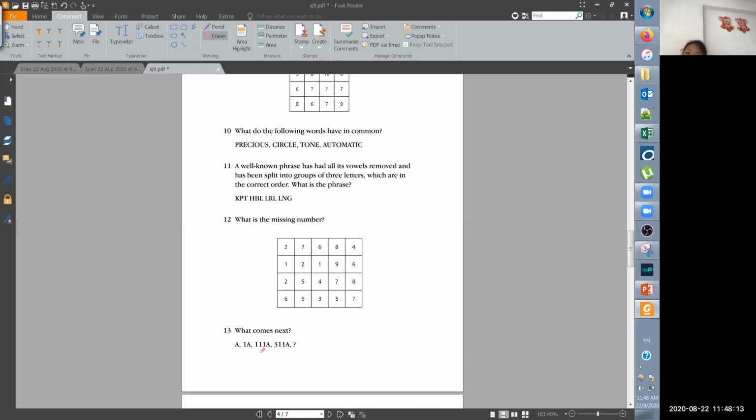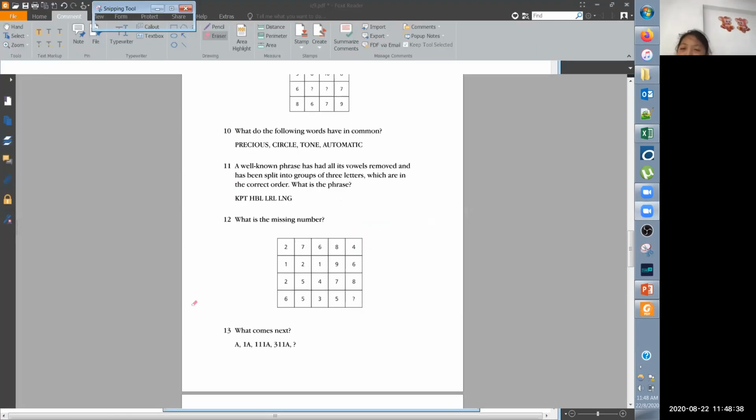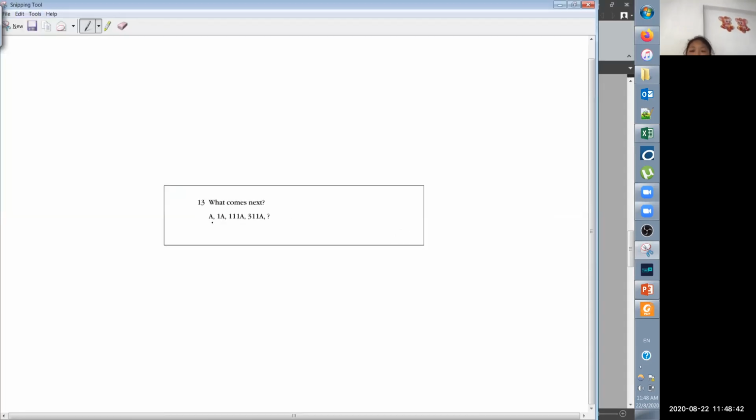3111A。什么东西？错。OK，这个是答案，应该是这个。Let me get the question out. So can you see? This is the first one, second one, third, fourth.